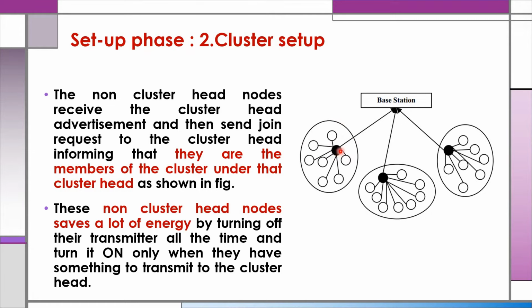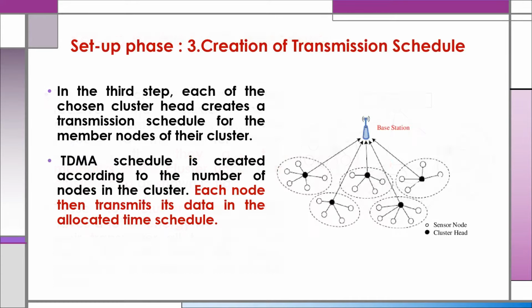Based on that request from the cluster head, the member nodes or non-cluster head nodes give a response to the cluster head to join together as a cluster for the data communication. That is called cluster setup. It will form clusters. That is the second step of the operation of the setup phase.